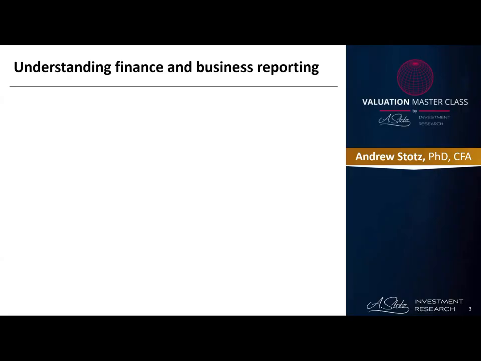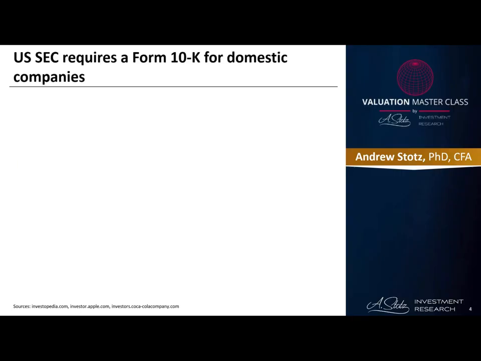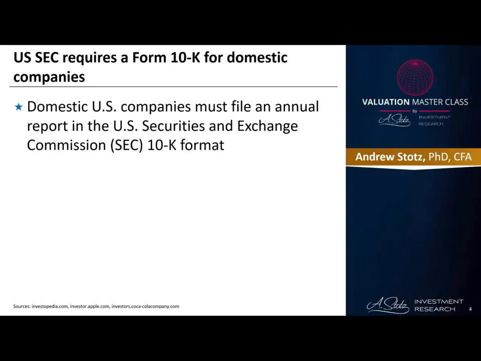So let's start with understanding finance and business reporting. A firm's annual reports come in various forms depending on the regulation and the reporting requirement of the company or regulators where the firm is listed or operates. The US requires a form called 10K for their domestic companies.